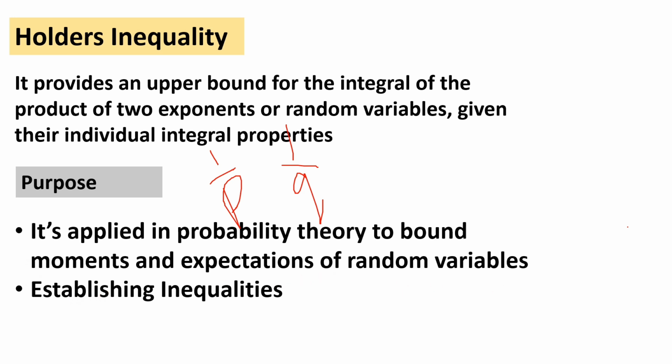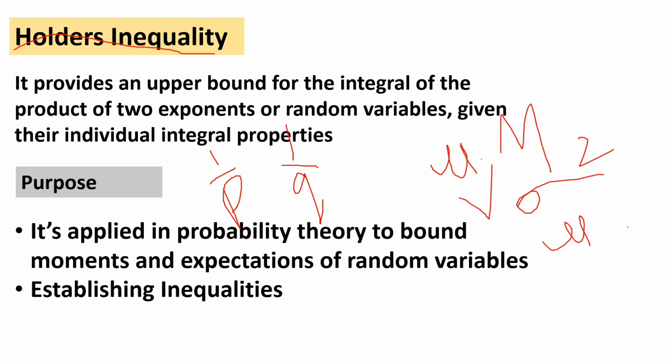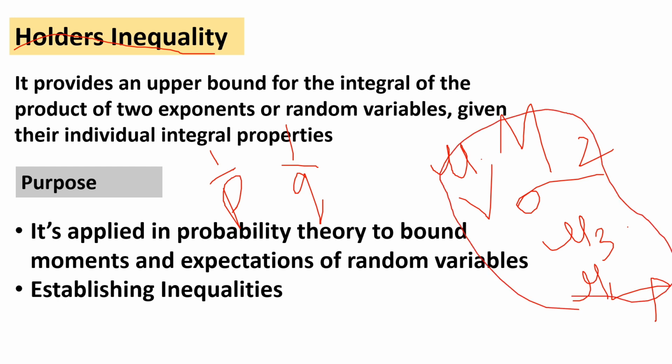Here, in probability theory, what do we use this Hölder's inequality for? In order to find out the moments, which is nothing but the mean, the first central moment mu, we can call it, and variance, which is nothing but sigma square, and the third central moment, which is mu3, and the fourth central moment, which is mu4. In order to know these bounds in probability theory, we use the Hölder's inequality.